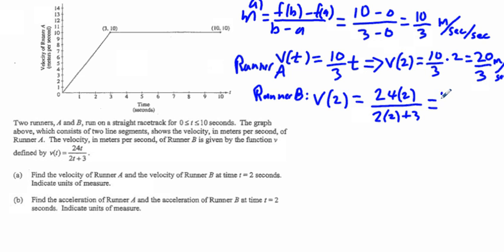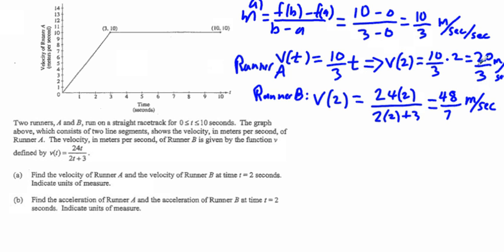And so that's going to be 48 over, and in the denominator we have 2 times 2 is 4 plus 3 is 7. So that's going to be meters per second. And so we have runner A and runner B with units of measure.